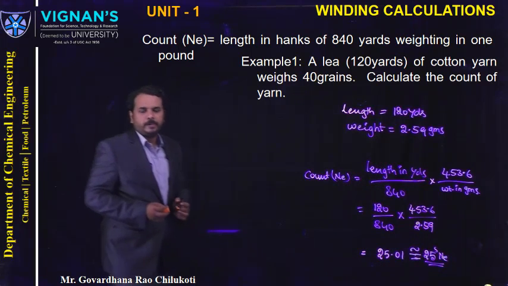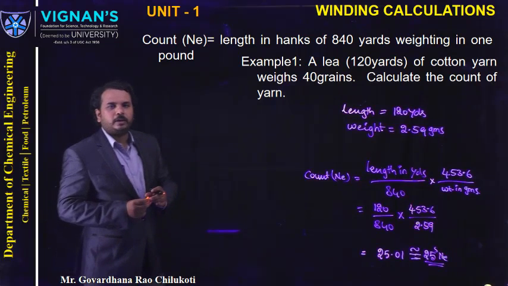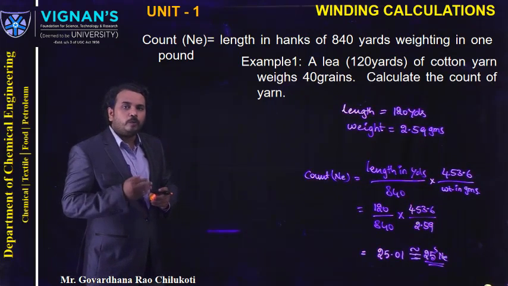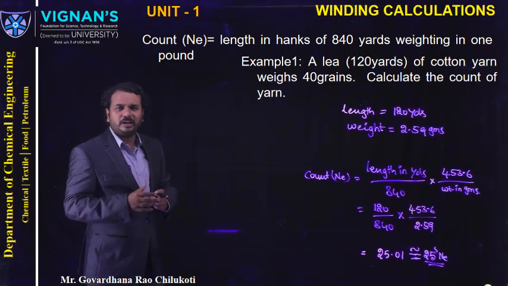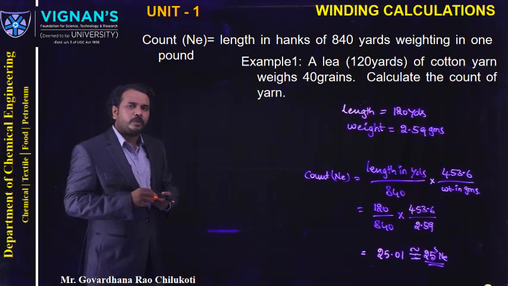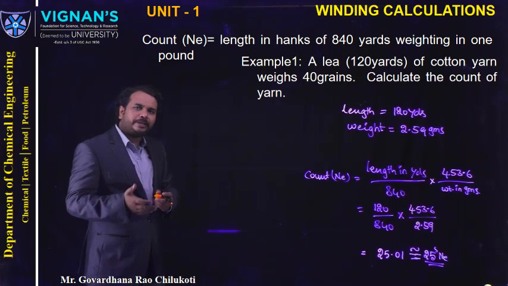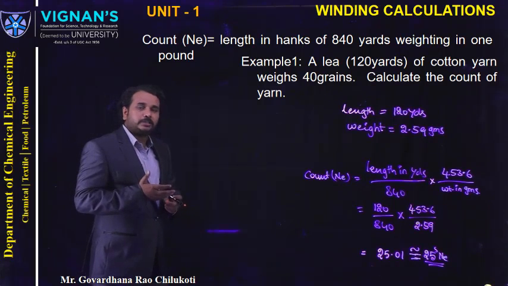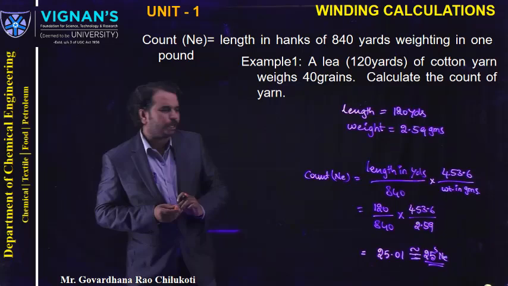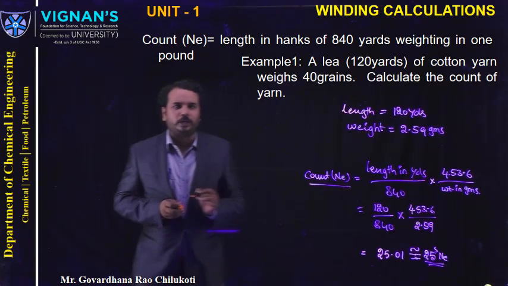Okay, so this is the calculation of how we can calculate the count of yarn if the weight and length are given. We will see one more example of how we can calculate the length. In this case we have calculated the count Ne.